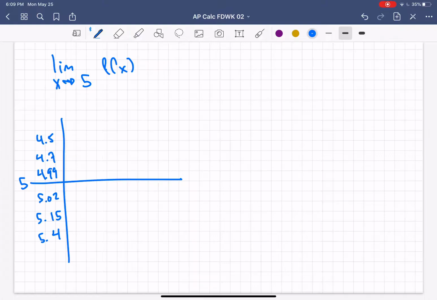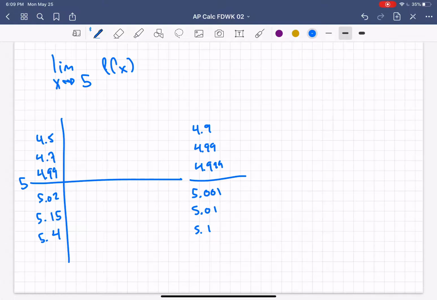So usually what we show in our book is like 4.9, 4.99, 4.999, 5.001, 5.01, and 5.1. That's like the golden standard of how we approach it. But the example here on the left with these little bit odder numbers are just as good. It can provide us with an idea of what the value approaches.